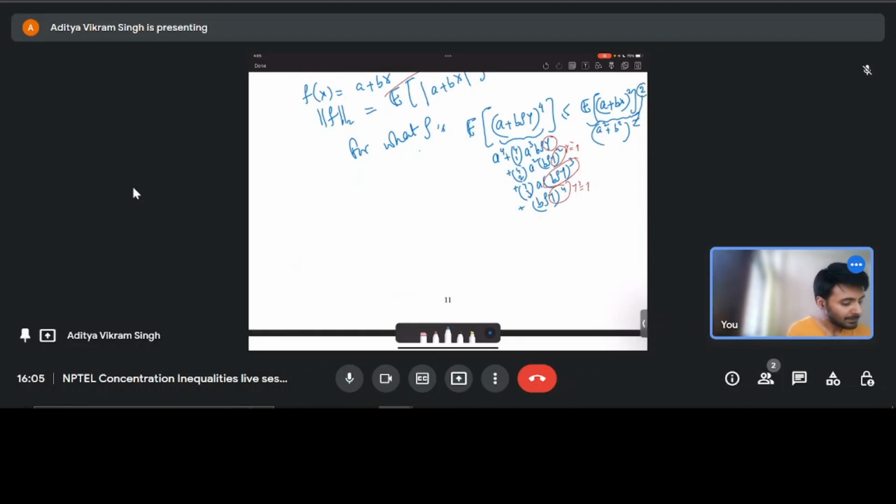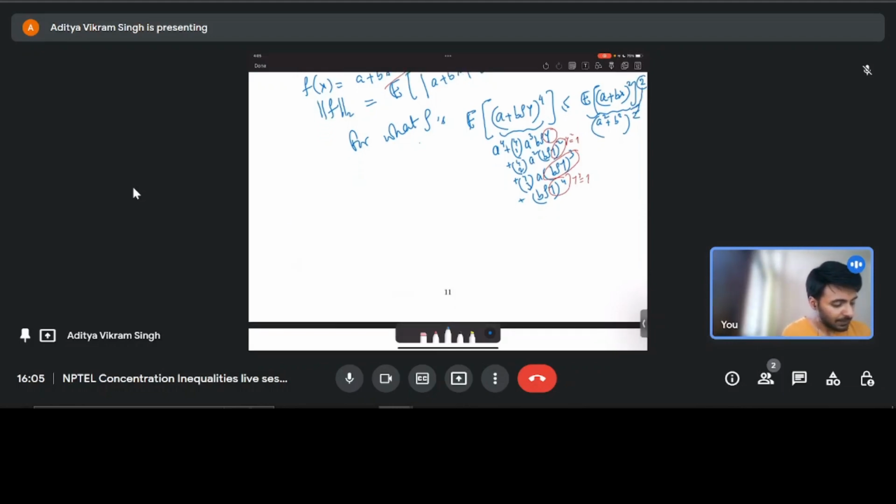Okay. So our question becomes, for what rho is a to the power 4 plus 4C2, which is 6, 6a square b square rho square, plus b to the power 4 rho to the power 4 less than or equal to a square plus b square, the whole square?